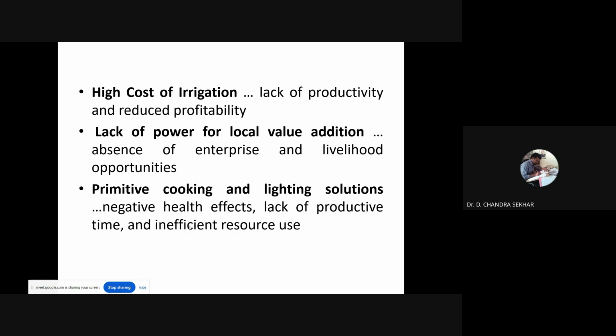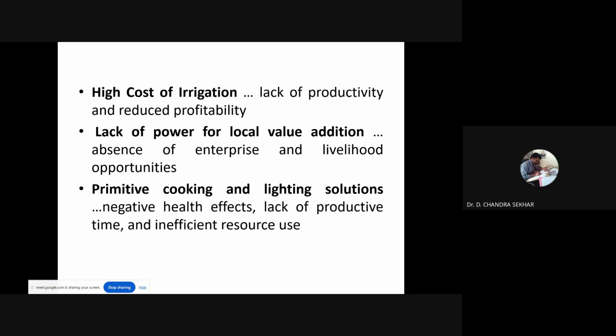Due to this, whenever the energy generation cost increases, the cost for utilization, transmission and distribution also increases in every aspect. There is a high cost of irrigation.